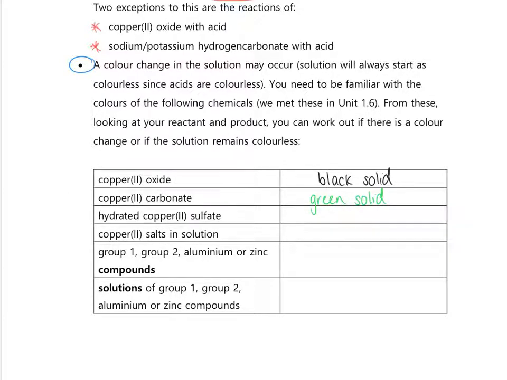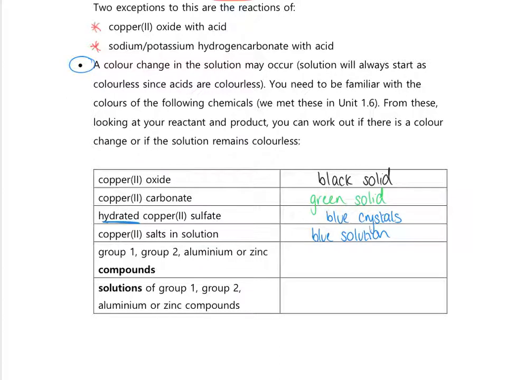Hydrated copper sulfate, you should remember, is blue crystals. That word hydrated just means they contain water within their structure, so that's what makes them crystal form. Copper salts in solution, that means they're dissolved in water, lead to a blue solution.